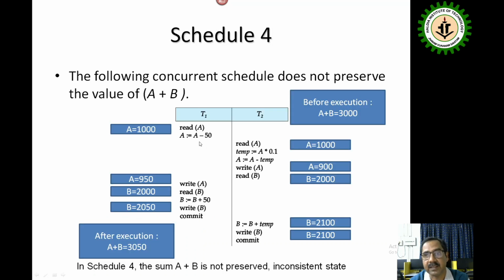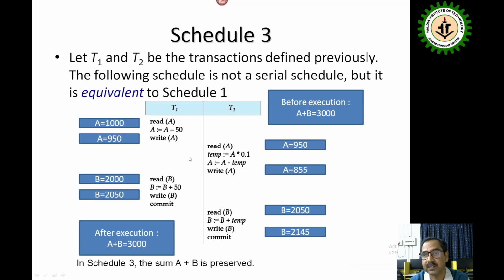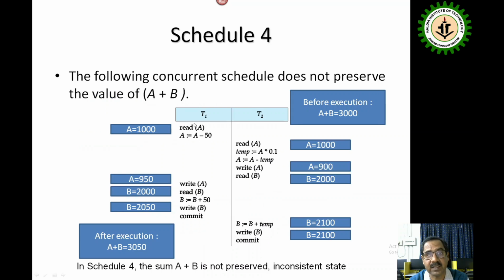That means this schedule does not preserve consistency, but schedule 3, this non-serial interleaved schedule, preserves consistency, the reason being that it is equivalent to some serial schedule. That's why it preserves it. And this other non-serial schedule is not equivalent to any serial schedule, that's why it does not preserve consistency.